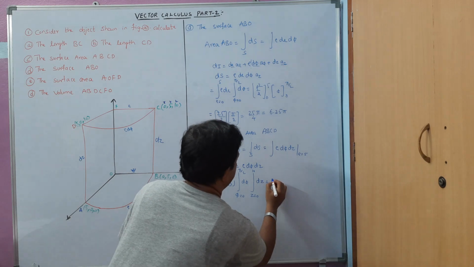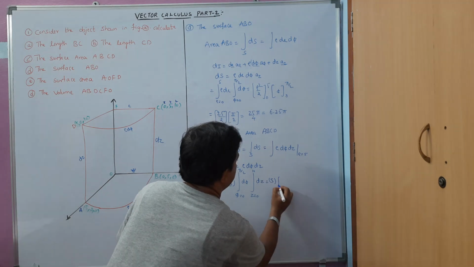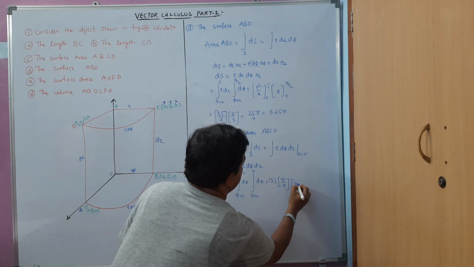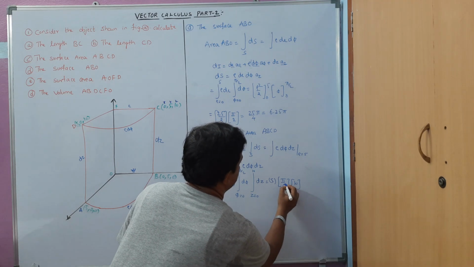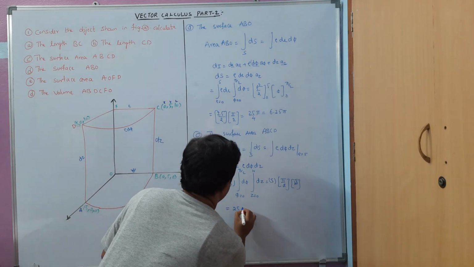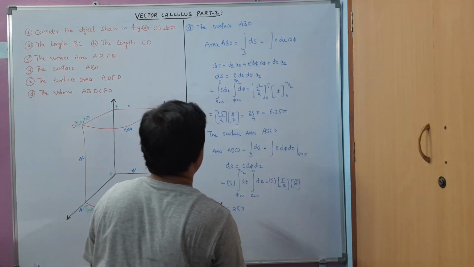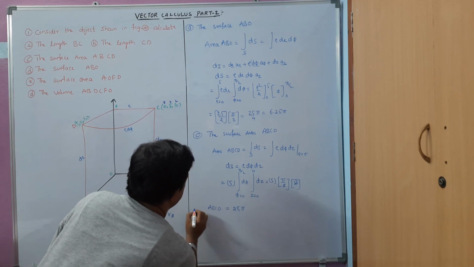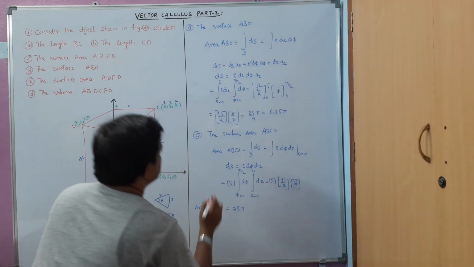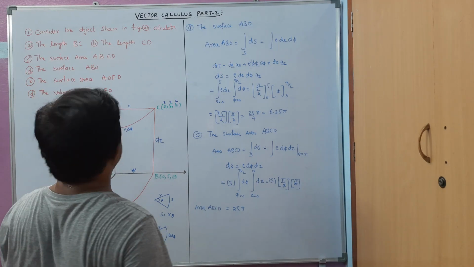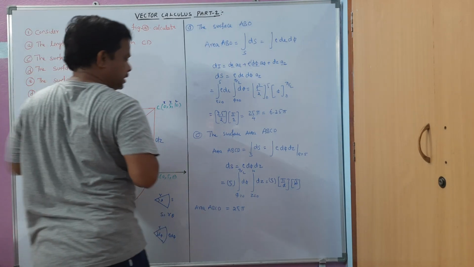So I get 5 into pi by 2 into 10. Two fives are ten, so I get 25 pi. So the area of ABCD is 25 pi. So that is the area. So we have got AB, CD. Now we will do the E problem here. I will erase this one.